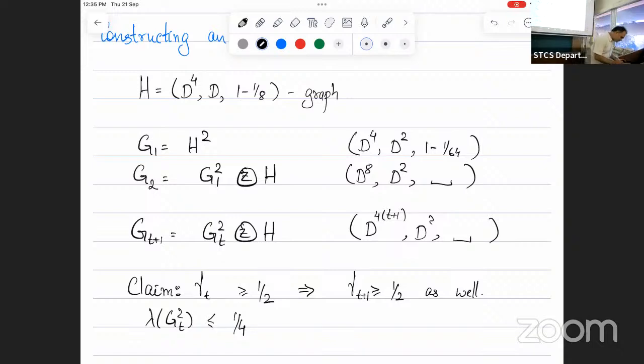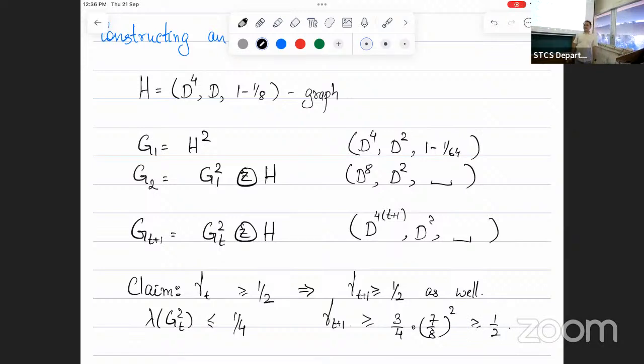So what can I say about the spectral gap of G_{t+1}? This is going to be at least as large as 3/4, which comes from the gap of G_t squared, times the spectral gap of H, which was 7/8, the whole squared. And it is set up in such a way that this is at least a half.